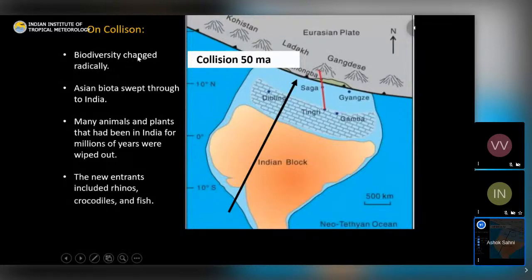So biodiversity changed radically because the new forms, the new animals and plants, they actually swept through India, and many of the old plants that were in island India before that were wiped out completely. And the new entrants included several large forms, rhinos and crocodiles. So there was a big change in biodiversity when India dashed against Eurasia. This is one of the landmarks.